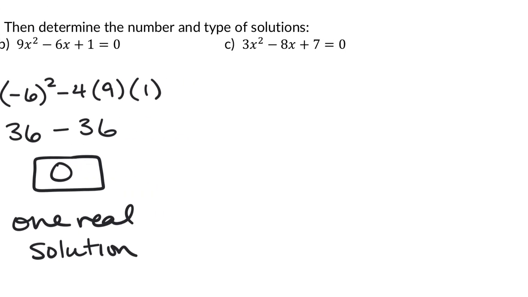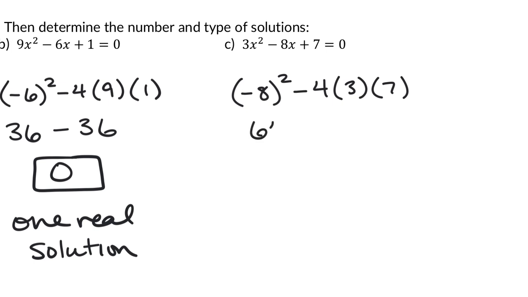And last but not least, finding the discriminant for this last one, we have negative 8 squared minus 4 times 3 times 7. Negative 8 squared is 64. 4 times 3 times 7, if you trust me, is 84. 64 minus 84 is negative 20.